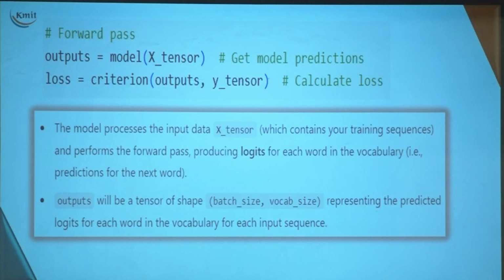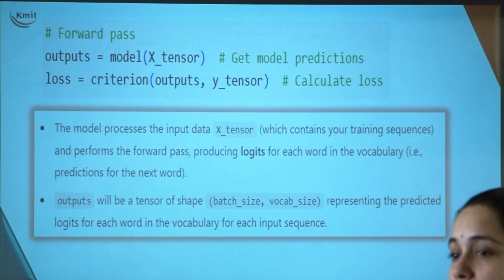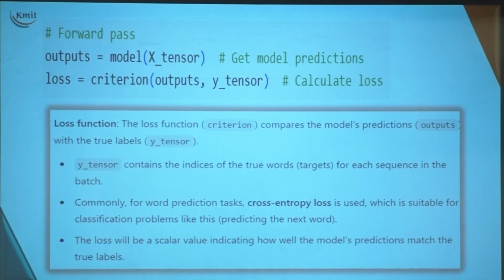Output will be a tensor, guys, important. Output will be a tensor of shape batch size, comma, vocabulary size here, once you pass the tensors. I've already taught you about the loss function.